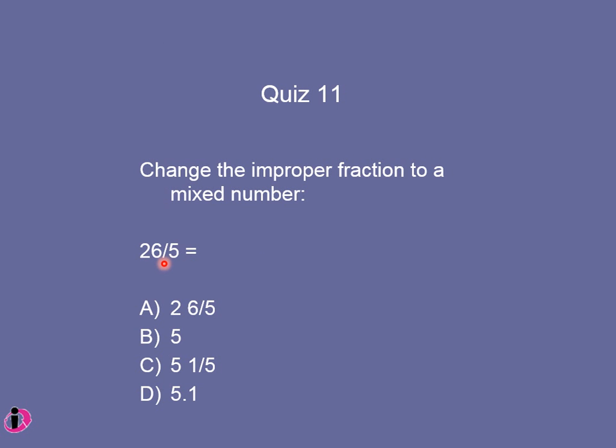C, right answer is C. So you divide 26 by 5, you will have a remainder of 1 this time instead of 2, right? And then the quotient will be 5. Your quotient will be the new whole number, right? And the denominator still remains the same, which is exactly the divisor, okay? And the remainder becomes your numerator. So the right answer is C.